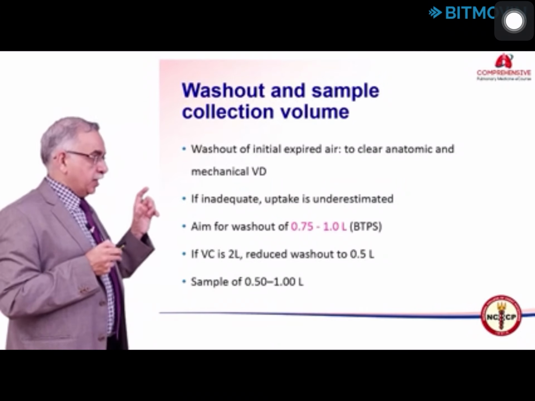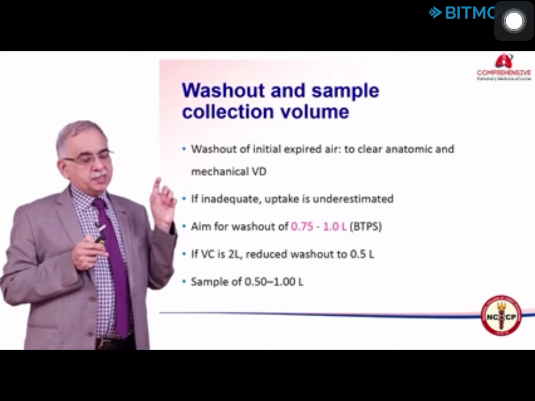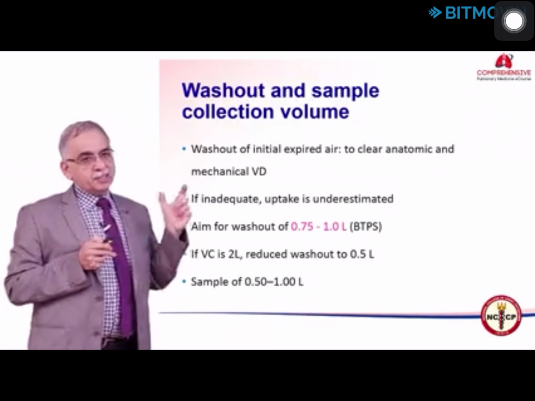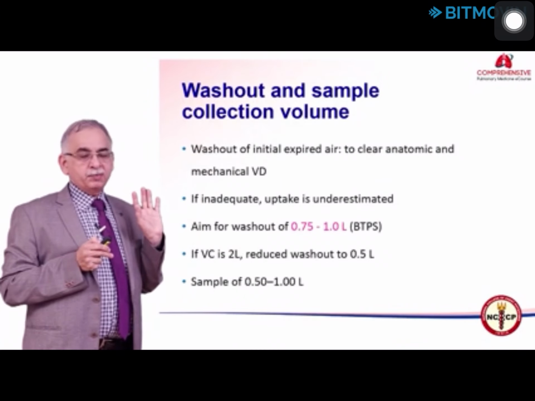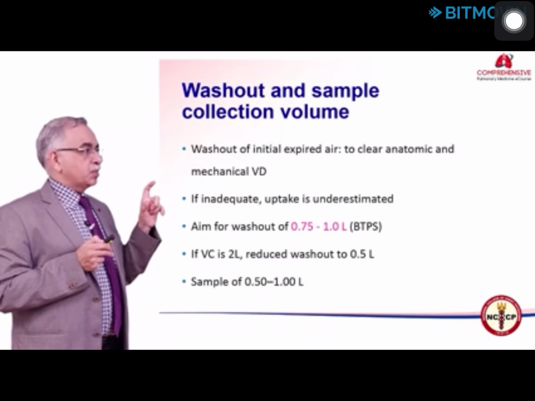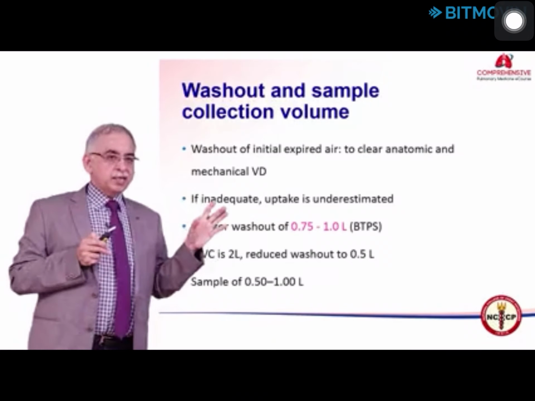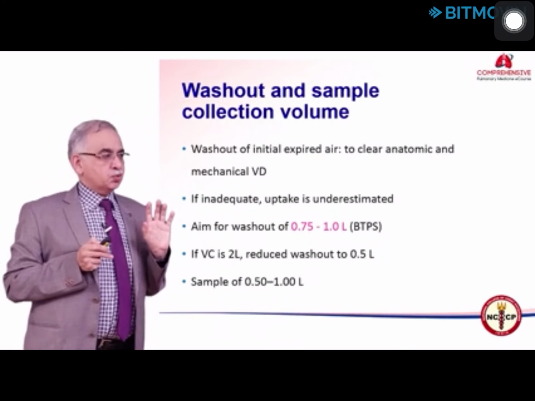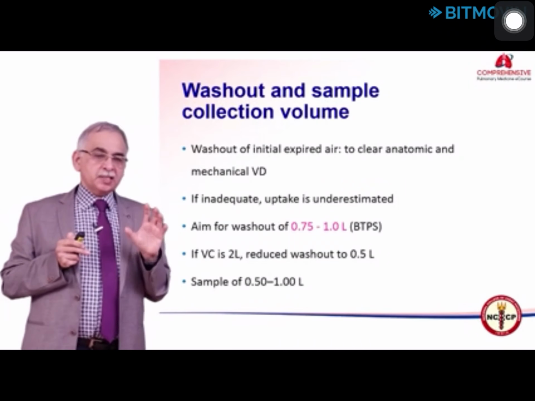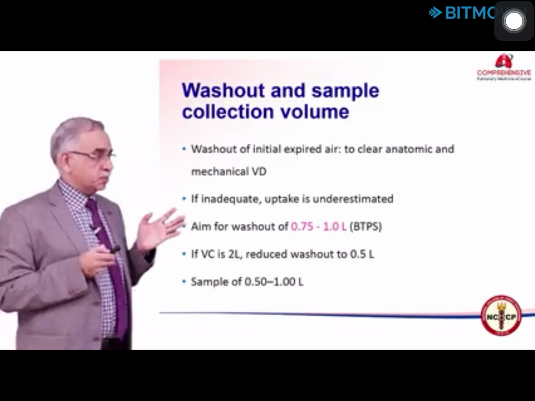So, which means that we leave out the first 500 to 750 ml of the exhaled volume, which is dead space, and collect the subsequent 500 to 1000 ml of air, which means that the patient should exhale out about 1.5 liters, that is around 750 discarded and 750 for sample. So, usually if the patient's vital capacity is less than 1.5 liters, it may not be possible to do a correct diffusion capacity test.